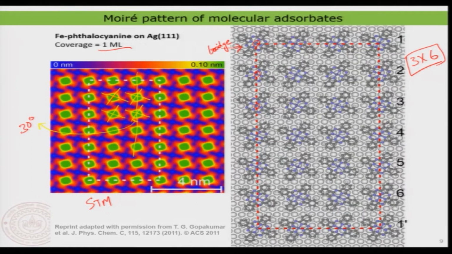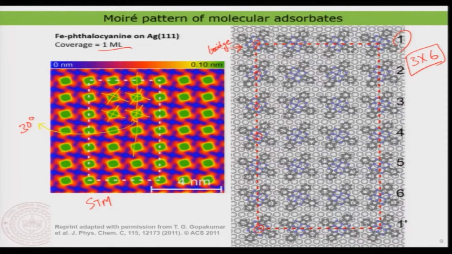As the molecule moves along the lattice, the site keeps changing, and then finally at the 7th molecule, the molecule retains the original adsorption geometry of the 1st position. So, that means there is a super periodicity along one crystallographic direction of about 3 times the molecular lattice, and along the other direction about 6 times the molecular lattice.